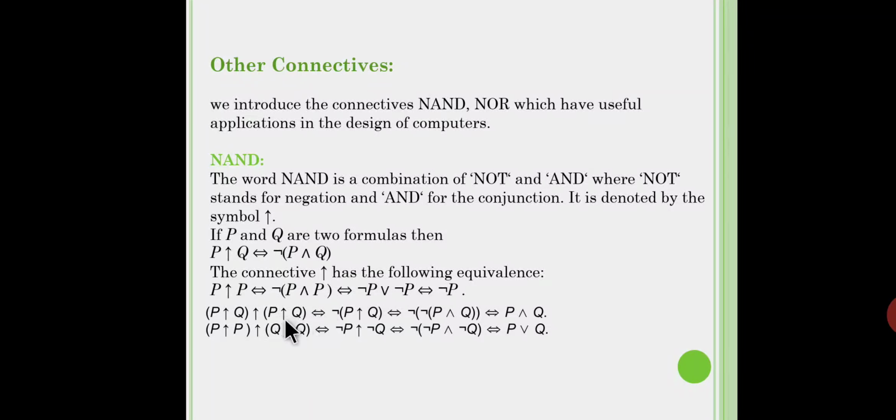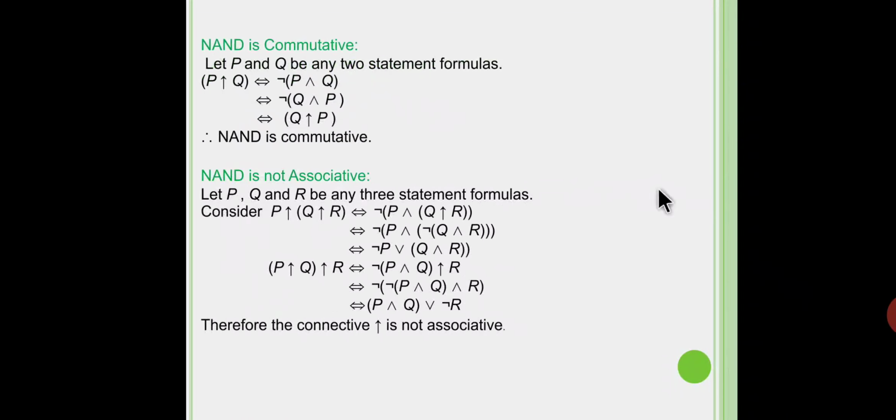Some more equivalence relations with this NAND connective are shown here. Next, NAND is commutative. Let P and Q be any two propositions.